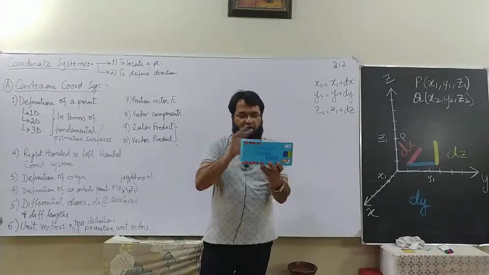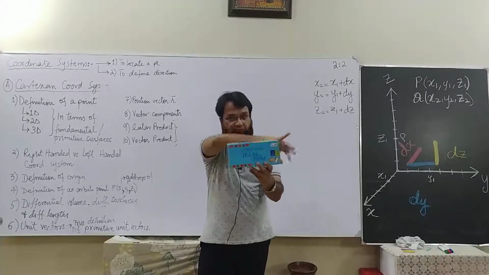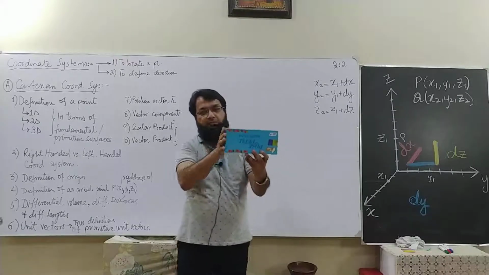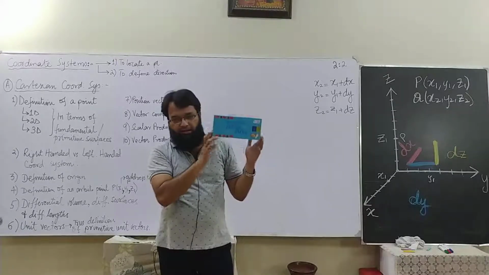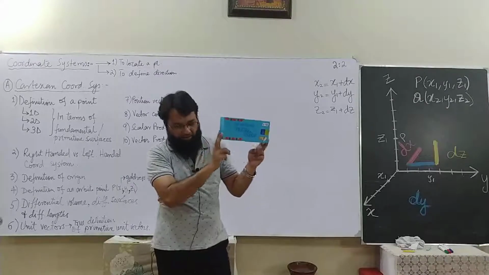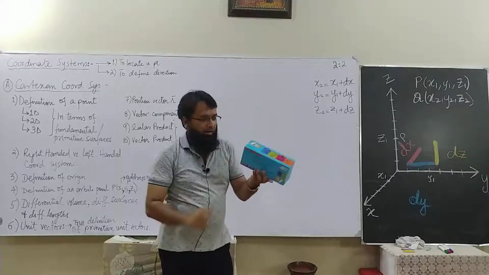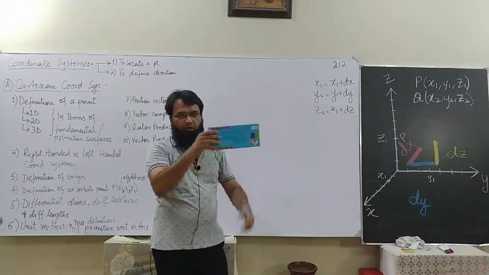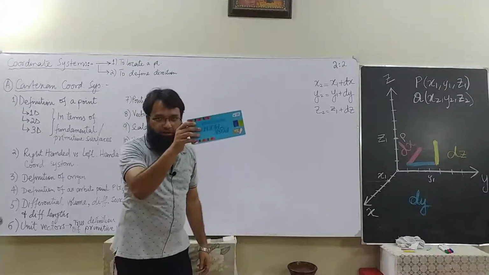All the 6 planes are infinite in extent, but these 6 planes combined together are enclosing a finite volume, the volume of this box.